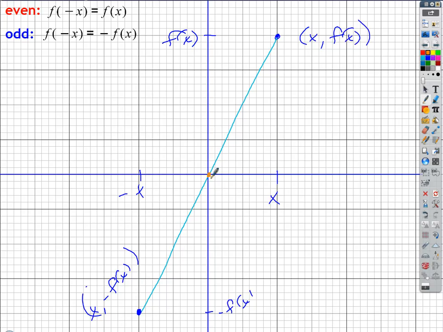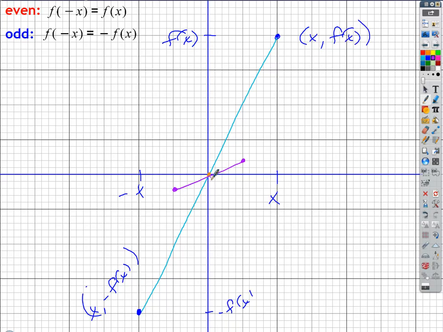Now, we didn't pick any special point. We just picked a random point x. If I pick a point like right here, the symmetrical point has to be right down there. So the origin is the midpoint.